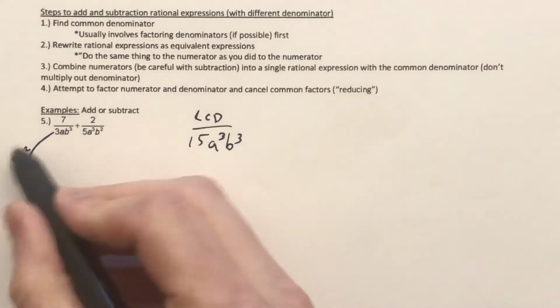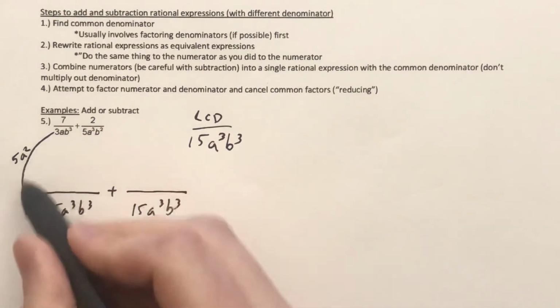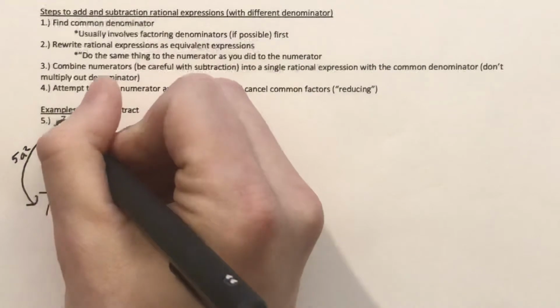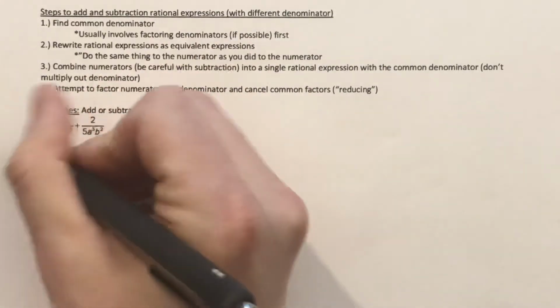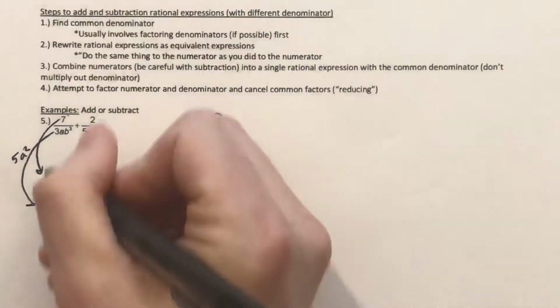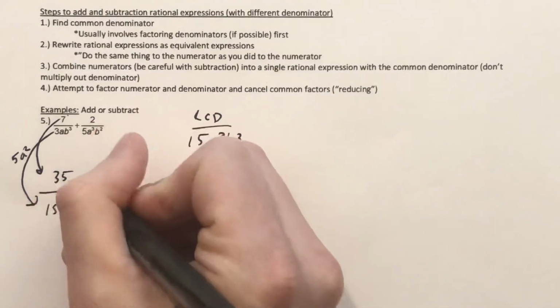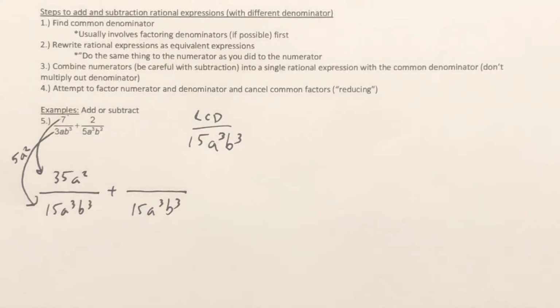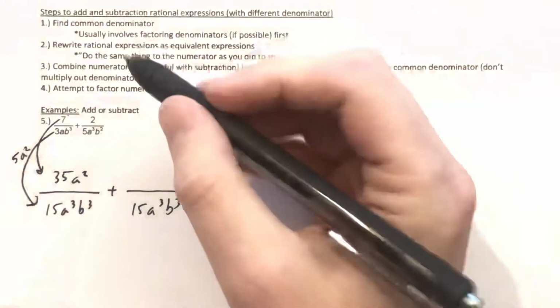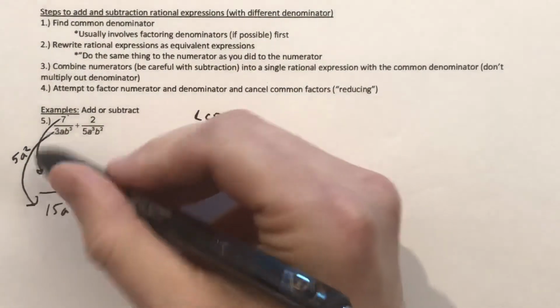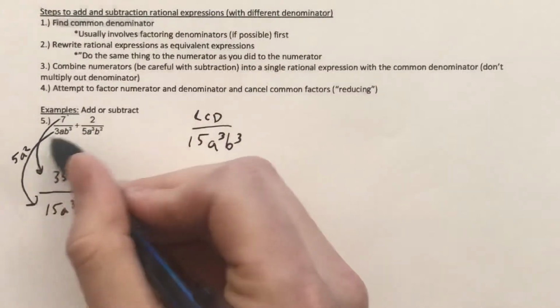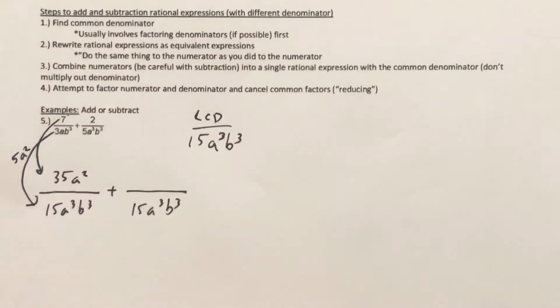You're looking for the factors necessary to get you from this denominator to the LCD. And once you find that, you use that exact same multiplication on your numerator, so 7 times that 5a squared, giving me 35a squared. So it's just like with regular fractions. Whatever you do to the bottom, you do to the top. It's just about that question of what did you do to the bottom to get there.